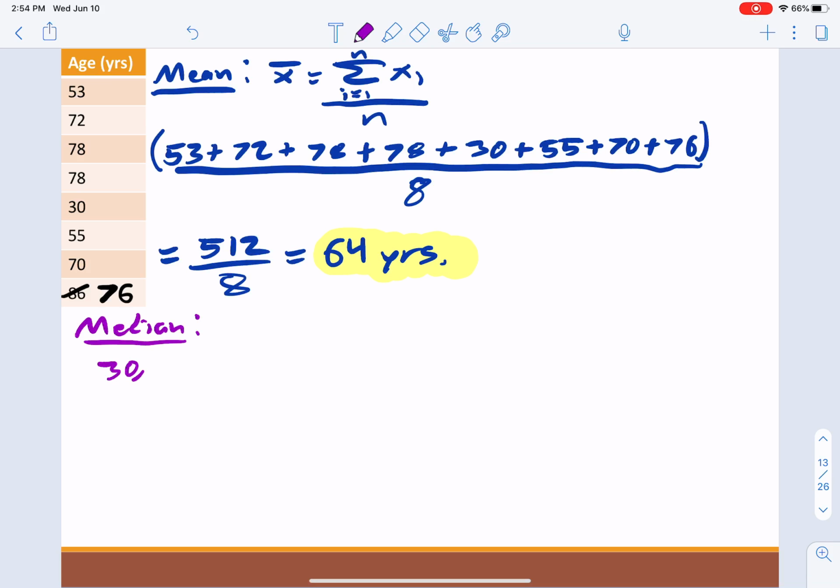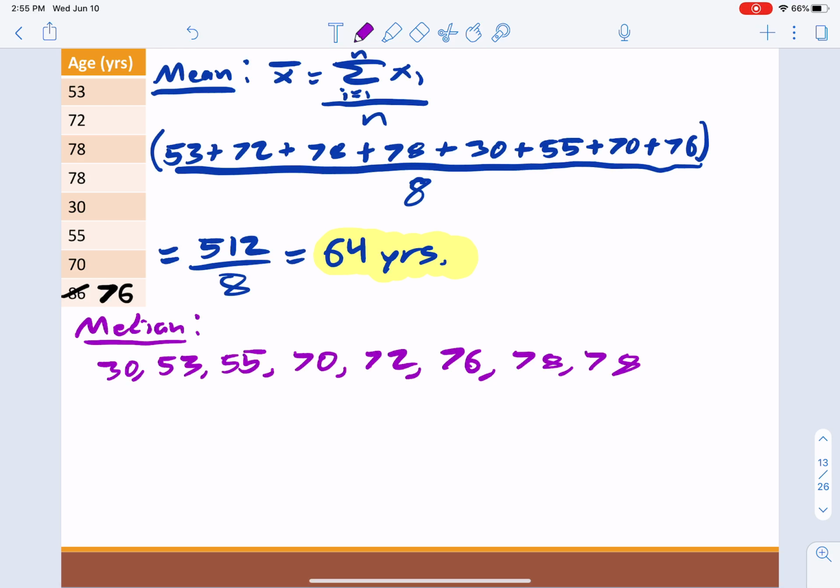So it's 30 and then 53, 55, and then 70, okay, and then 72, and then, let's see, 76, that new value, and then 78 and 78, right? 1, 2, 3, 4, 5, 6, 7, 8.